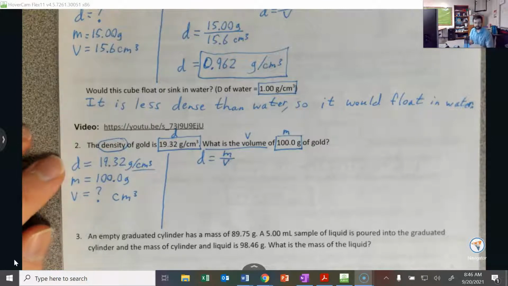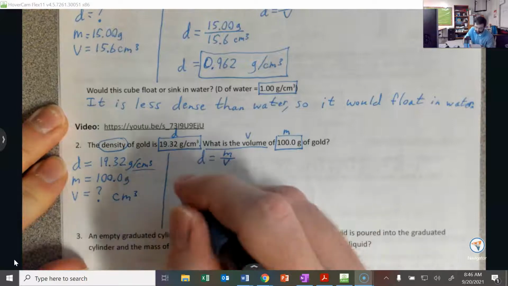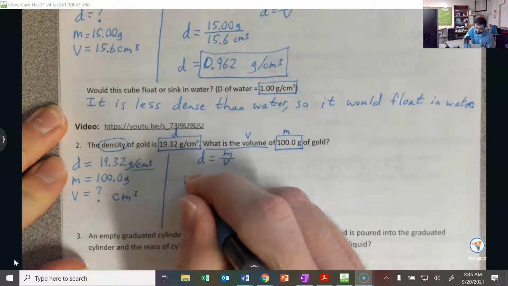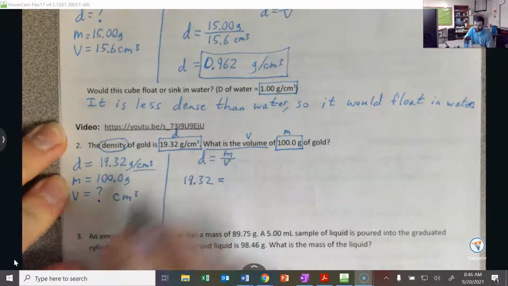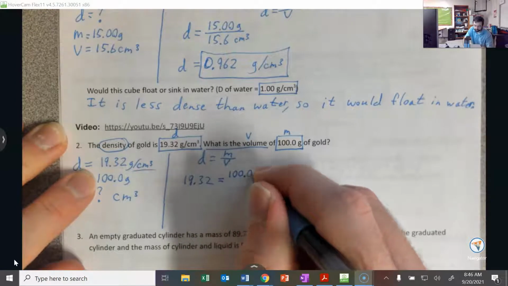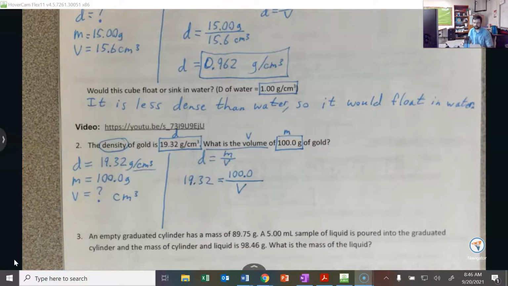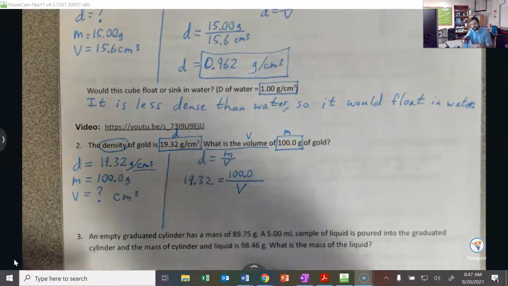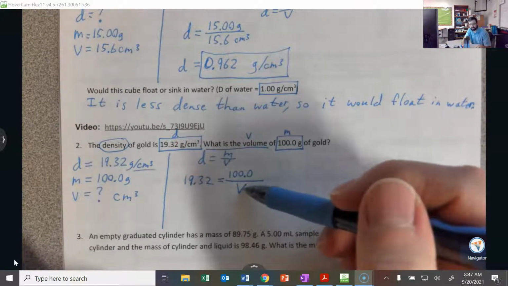So let's plug it all into the equation. I have 19.32, that is my density. 19.32 equals, and then M is 100.0. And then I have volume, that's my unknown on the bottom. Now, I hope you remember from algebra, we cannot solve for x or for any unknown if it's in the denominator.